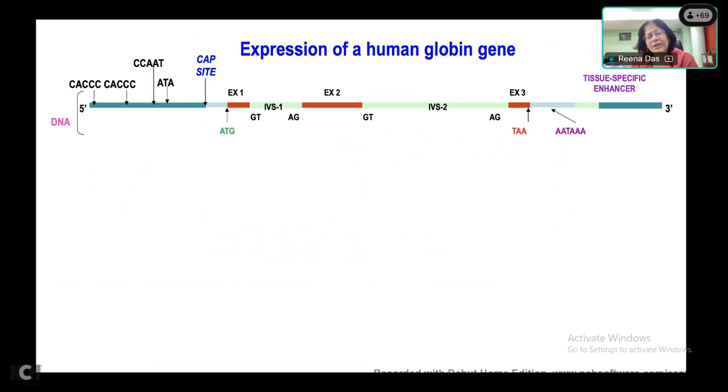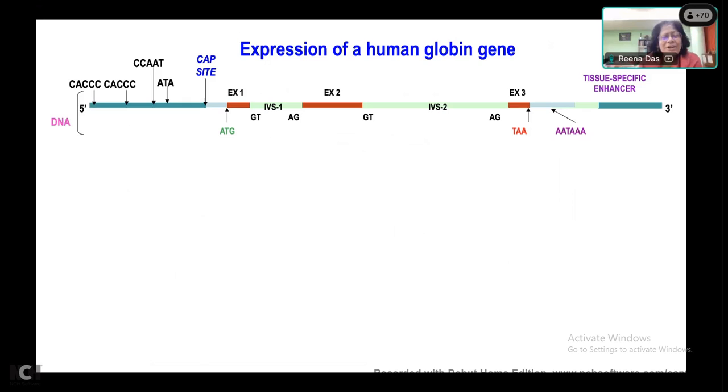So the human globin gene is one of the prototypic genes by which we try to understand the entire genetic code, because the entire genetic code was first deciphered in the globin chains. Why? Because it is one of the easiest proteins to be extracted. You just need a sample of blood from where you could get the globin chains.